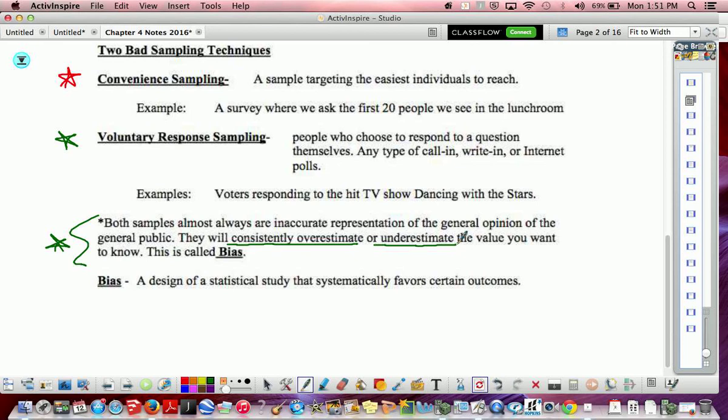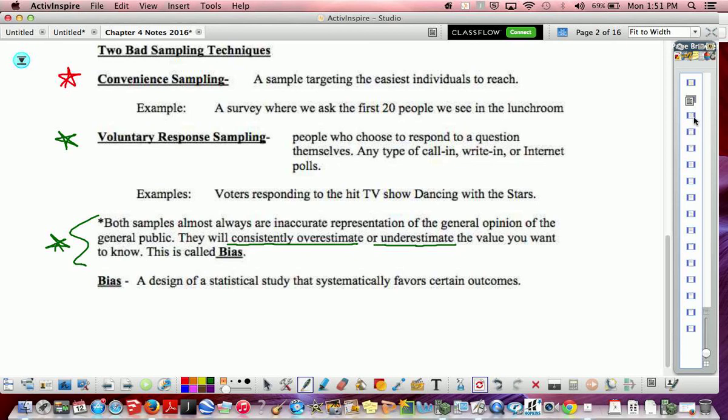So bias systematically causes or goes in the favor of a certain outcome, whether it's intentional or unintentional. And later on we'll talk more about bias, how it's not just in sampling where it can actually occur. Alright, let's flip to the next page.